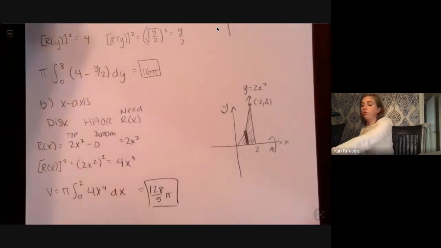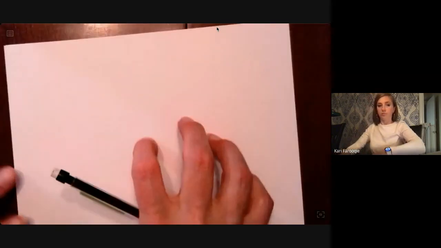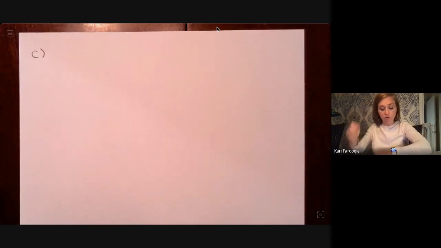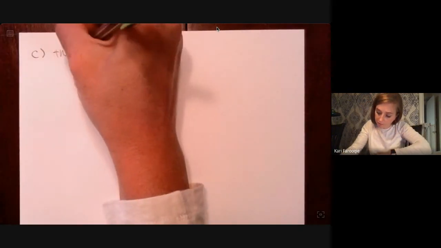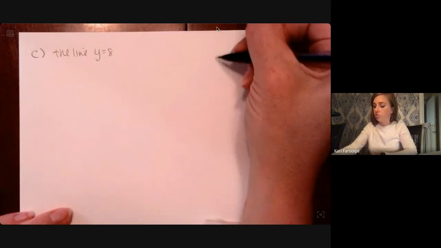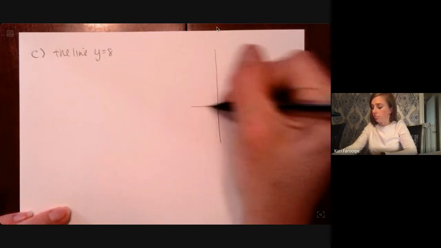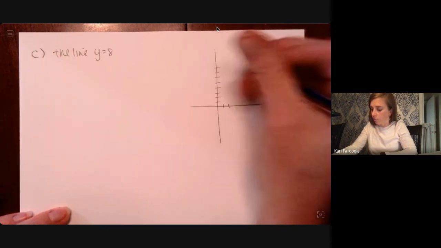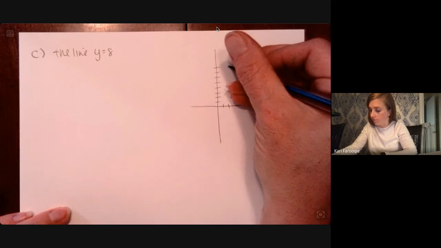All right, we'll look at two more things that we can do with this particular one. C, we're going to revolve this about the line y equals 8. So again, we've seen this picture a couple of times now. I'm going to jot it down real quick. We had this point at 2, 8.